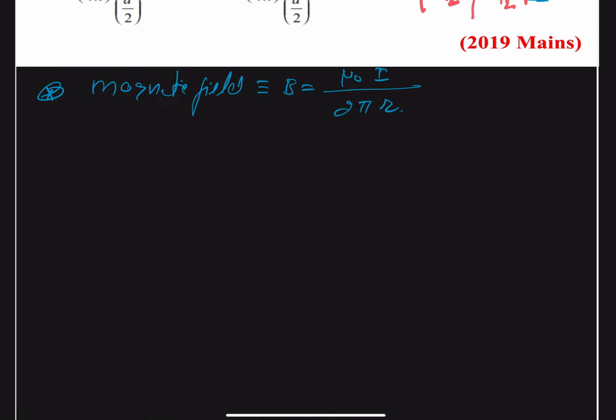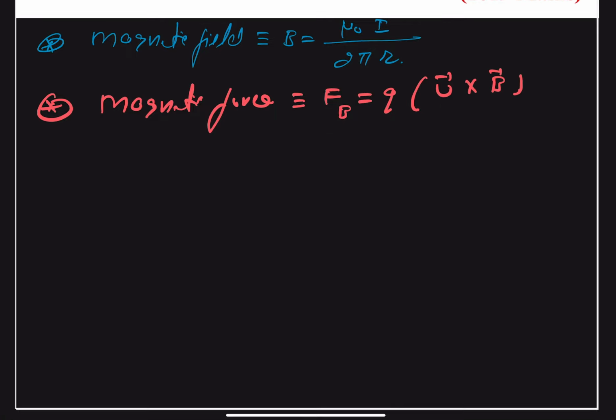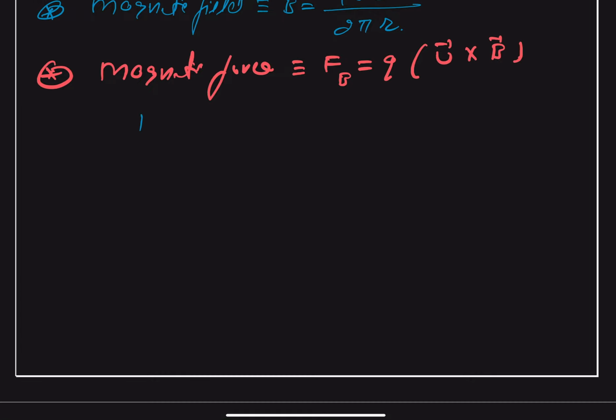And the force that will be acting, we can write as F is equal to Q V cross B. Magnetic force F_B is equal to Q, V cross magnetic field. So we can just write that F_B will be equal to Q V B, and this will be sine of theta.